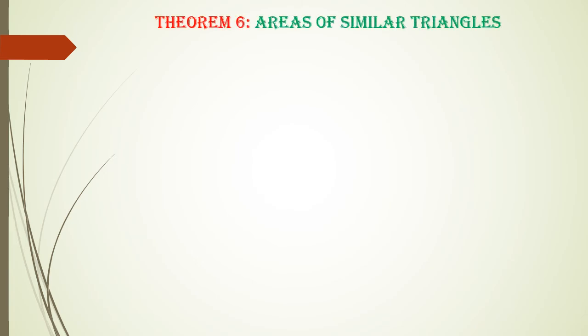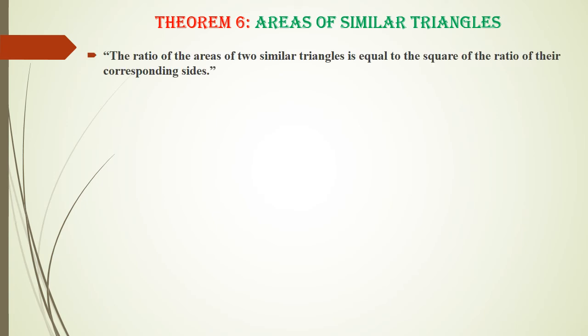Next theorem is very interesting. Theorem number 6. This gives us an idea about the area of similar triangles. Let us read out what this theorem says. The ratio of the areas of two similar triangles is equal to the square of the ratio of their corresponding sides. Let us understand this theorem.